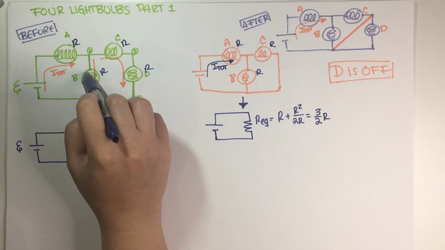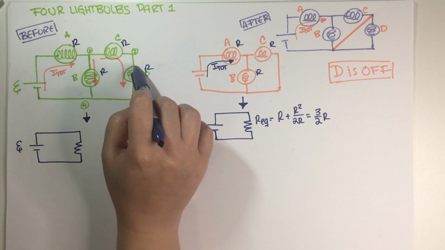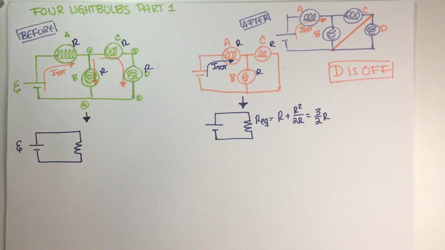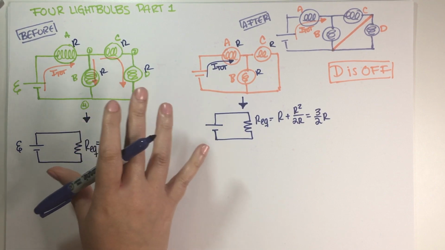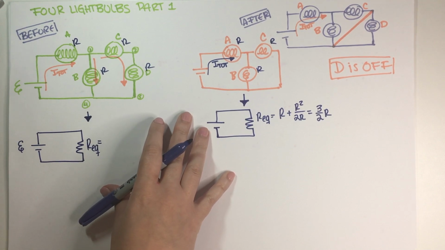Now over here I have this in series, in parallel with this, and then in series with this. So the equivalent resistance of this, again, feel free to do this step by step. I've been doing this for a decade now.